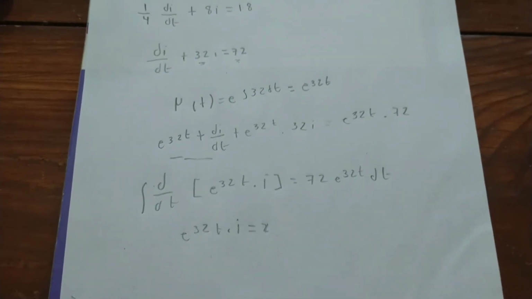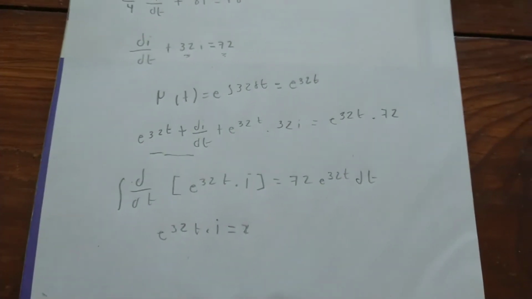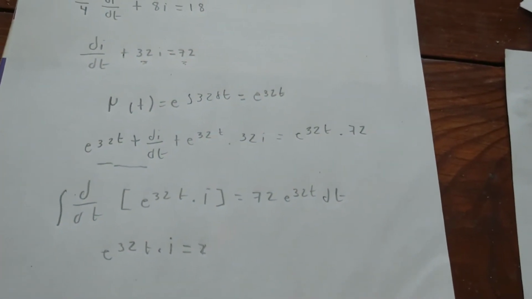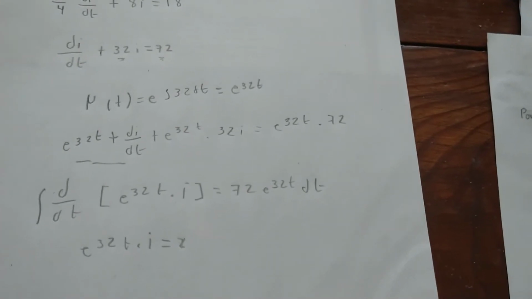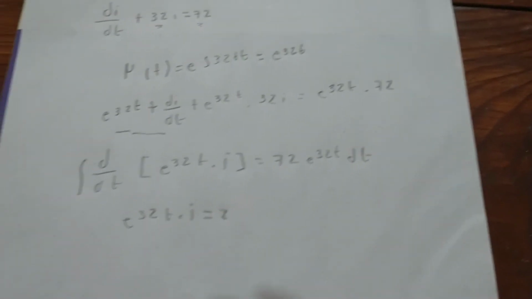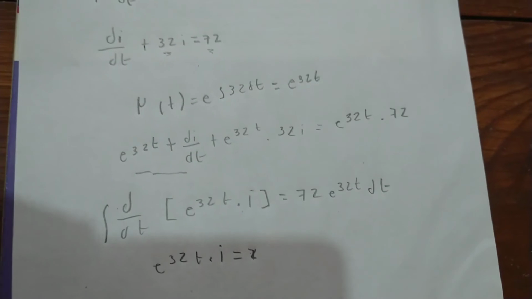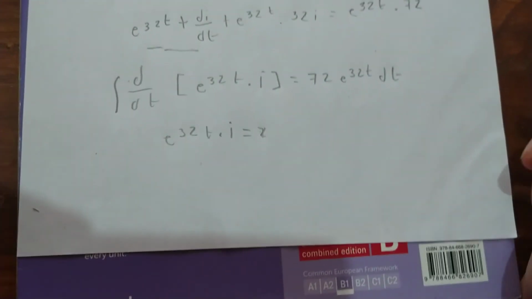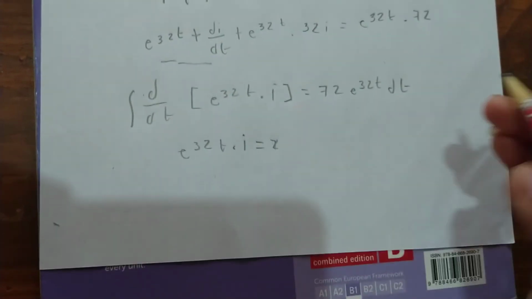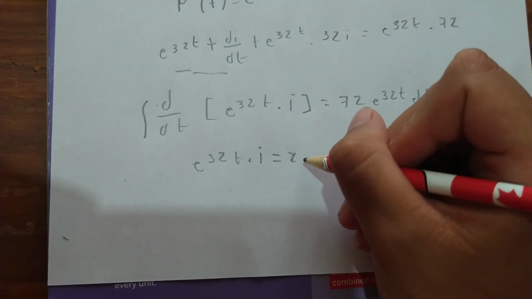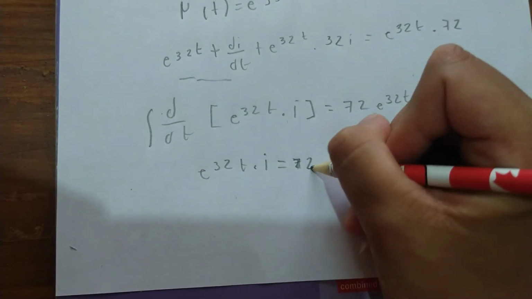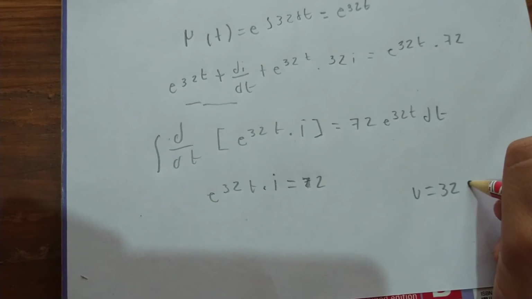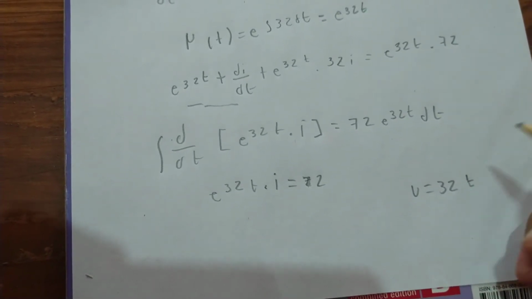On the right side we have to perform a u-substitution here, where u is going to be equal to 32t.